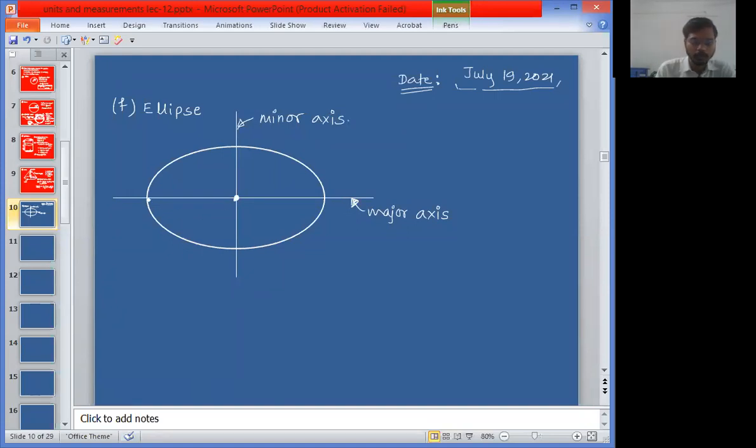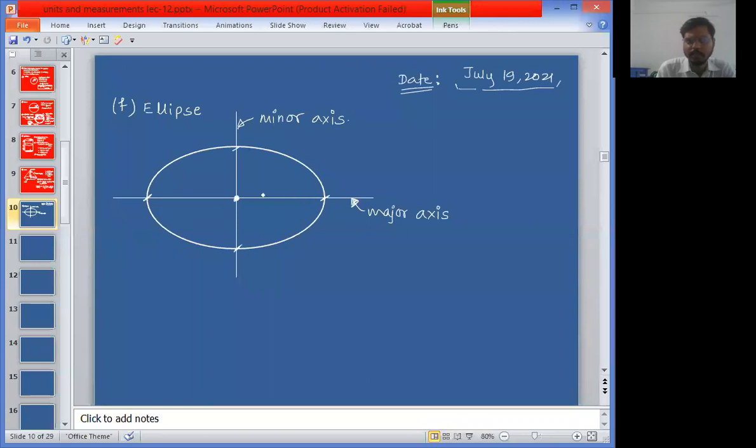Now let us find out the length of the major axis. This point to this point length is called the total length of the major axis. Now from this point to this point, this much length is called the total length of the minor axis. This much length is half the length of the major axis.